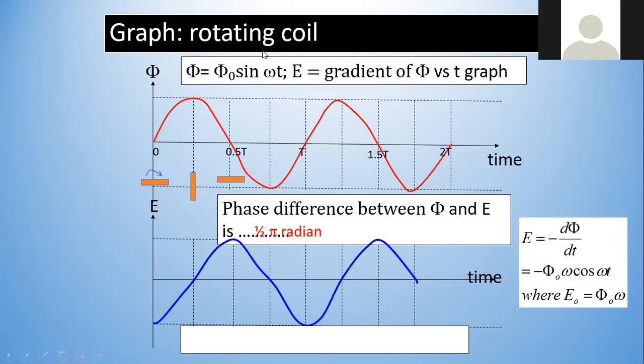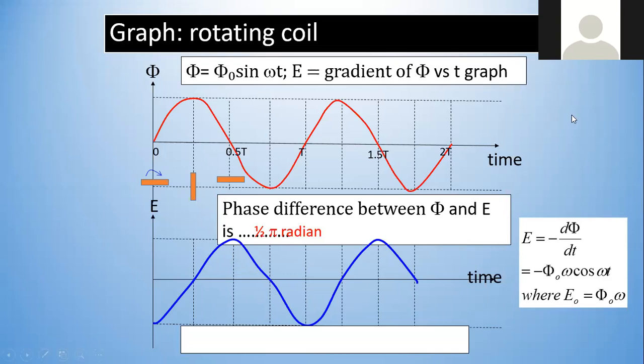Since most of you would have studied sine by now, or A2, you can differentiate it, for those who are good in maths, to get your answer. And then we know your amplitude, this is your E naught. Amplitude depends on phi naught and omega. Easy to understand: you turn the coil faster, the maximum EMF induced will be larger. It cuts faster, more flux is cut, more EMF induced.